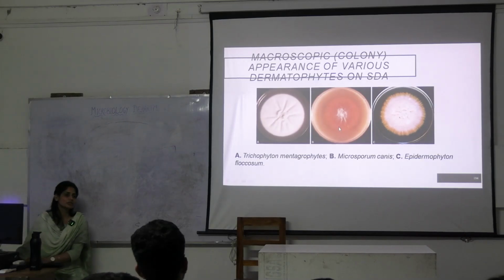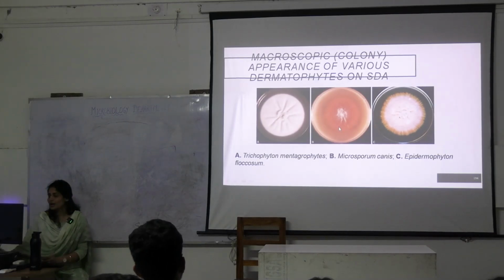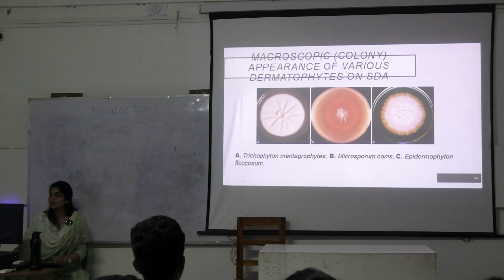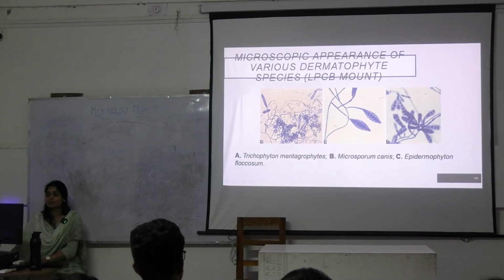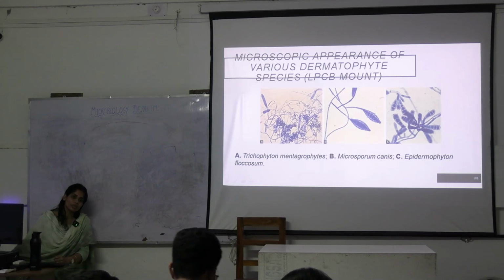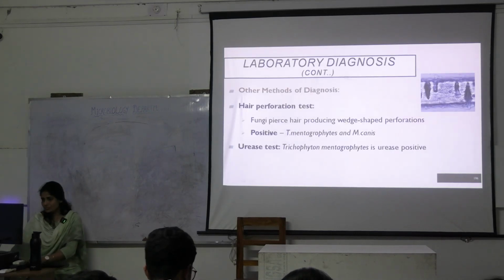We'll grow this fungus on Sabouraud dextrose agar. After it grows, you will classify them based on their obverse and reverse view, on the vegetations and pigments the fungus is showing, and then perform microscopy. In microscopy, you will see the presence of hyphae, macroconidia and microconidia, right? So based on that, you will be able to differentiate.